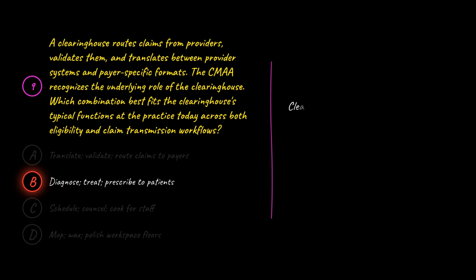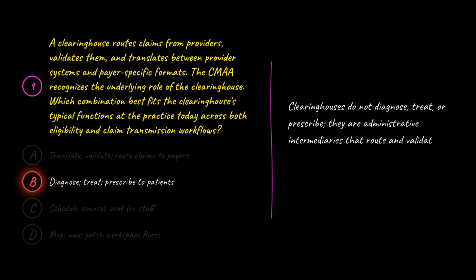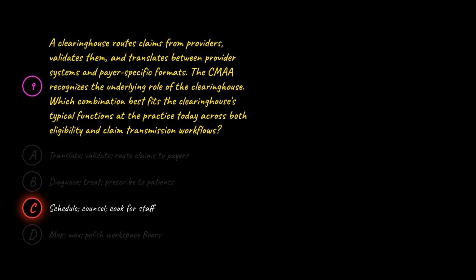B is wrong because clearinghouses do not diagnose, treat, or prescribe. They are administrative intermediaries that route and validate claims rather than clinical providers serving patients in the practice today. C is wrong because clearinghouses do not schedule, counsel, or cook.